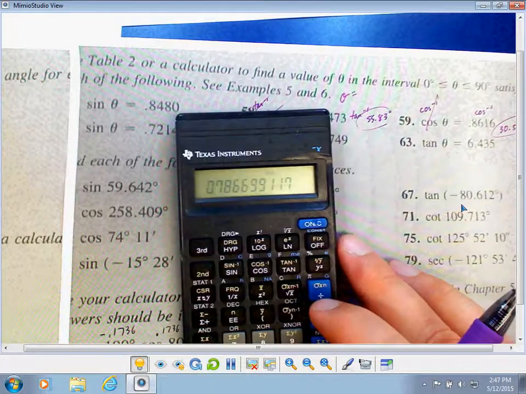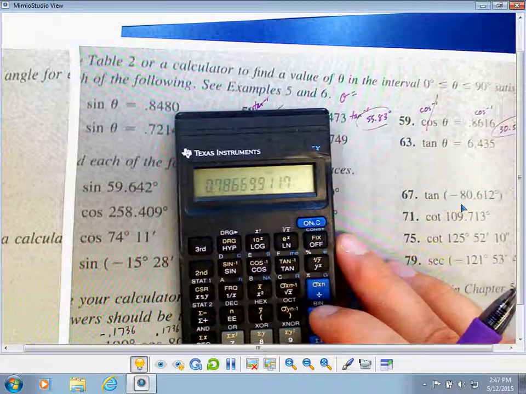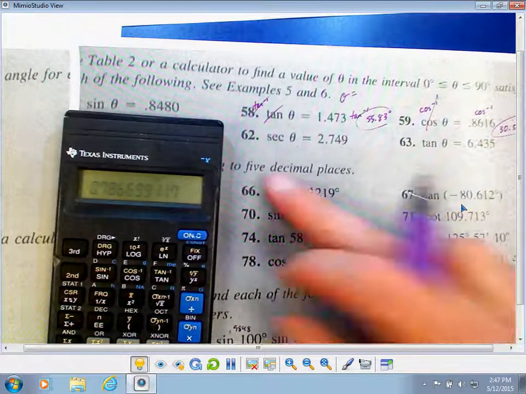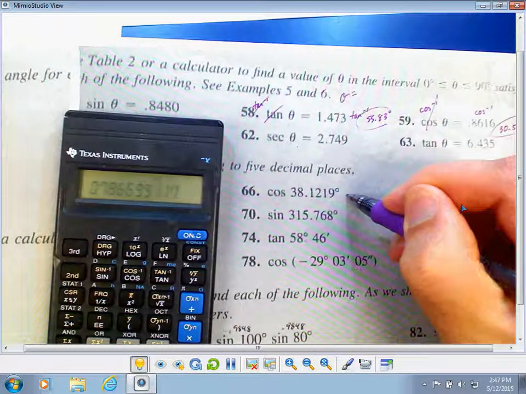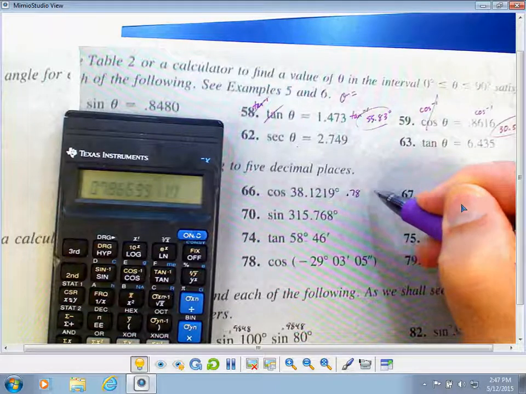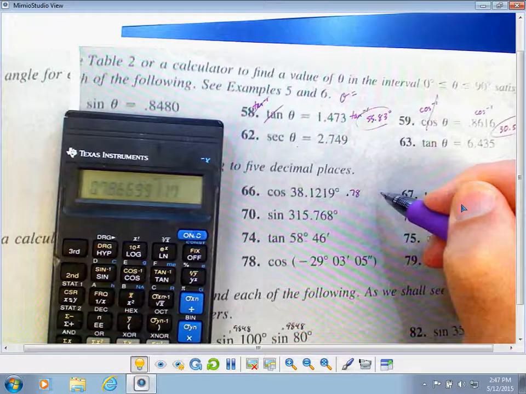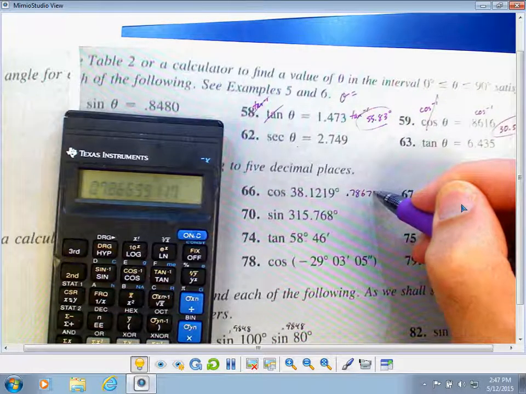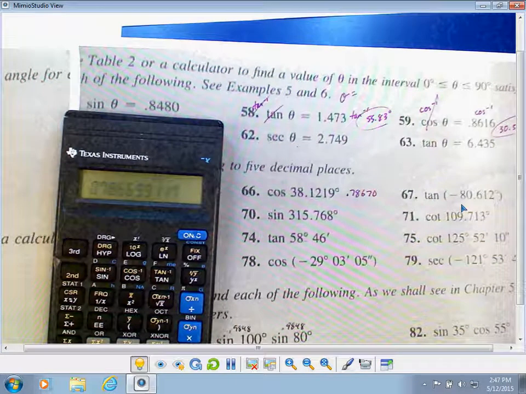It's hard to see with the glare. You get 0.7866699 and so on. So it's set to 5 decimal places, so 0.78669 or 6, I think you would do 670 like that, and that would be your answer.